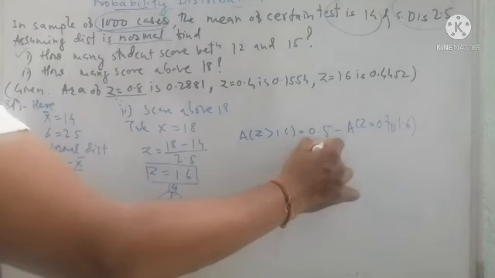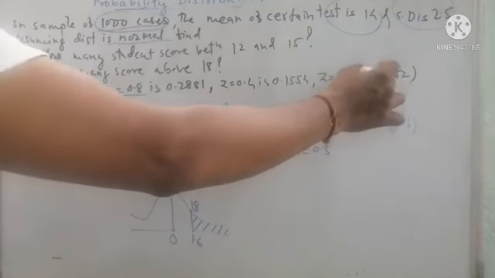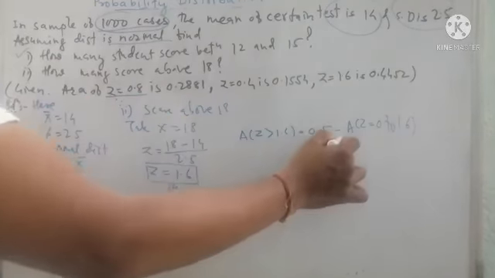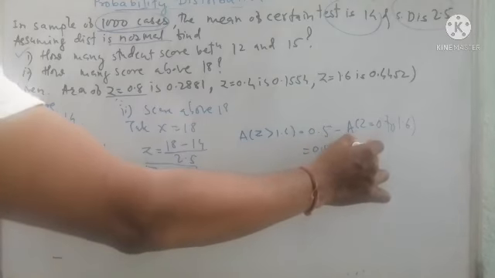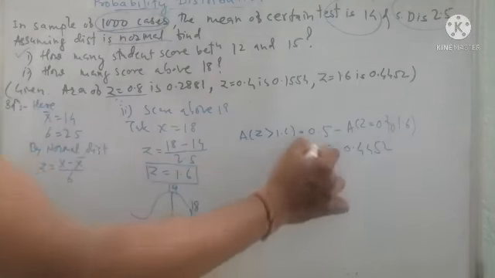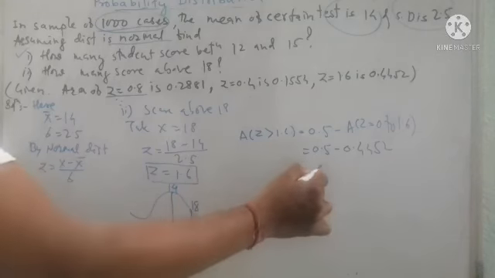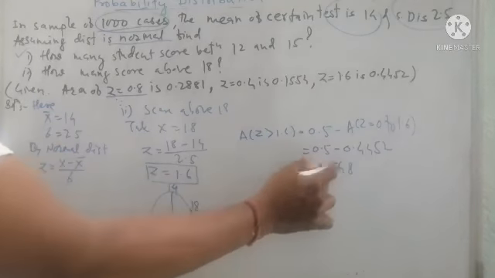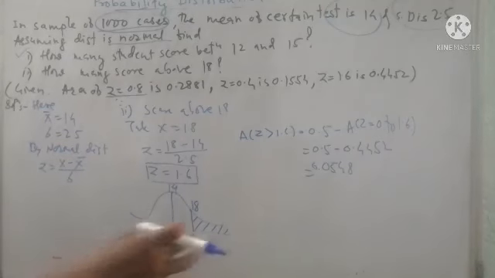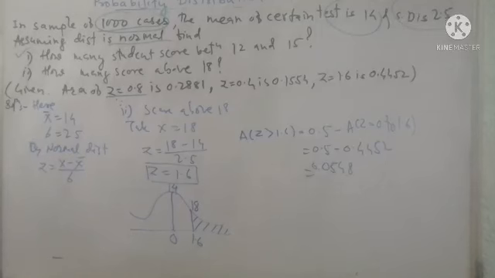As we are given the area for 1.6 as 0.4452, we subtract it from 0.5, so we get the value 0.0548. Now this is the area which represents the number of students scoring above 18.